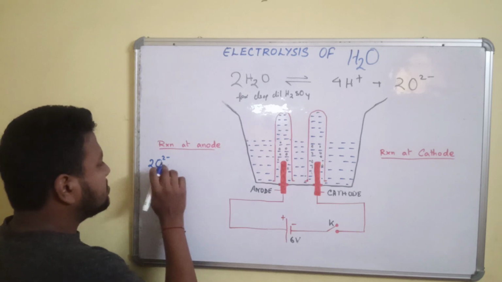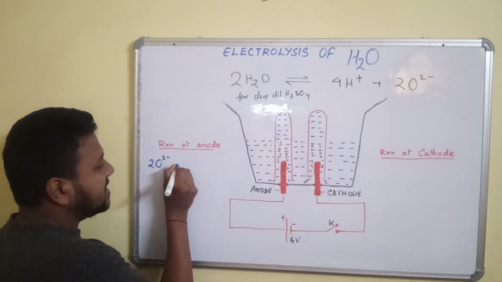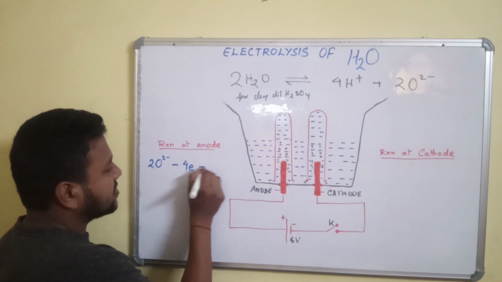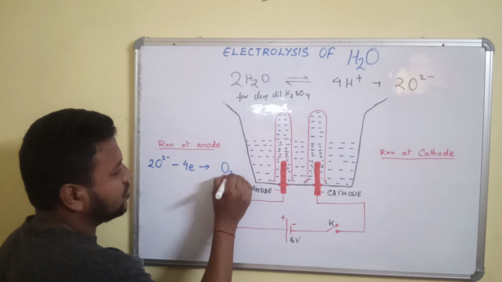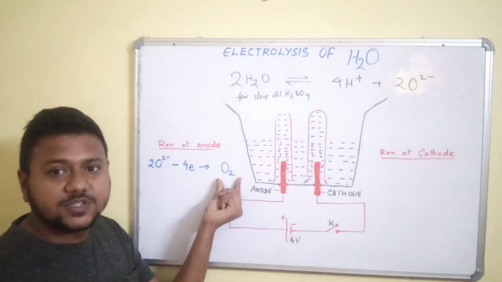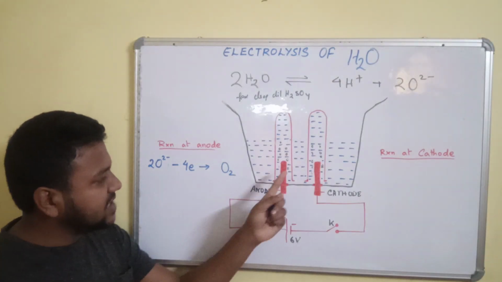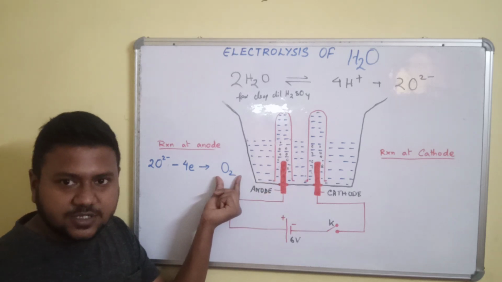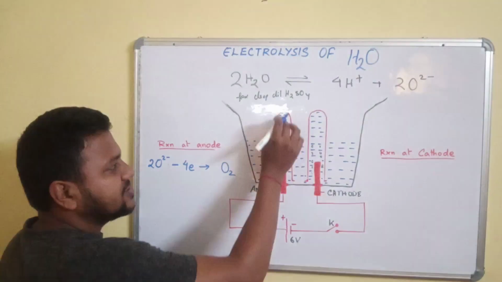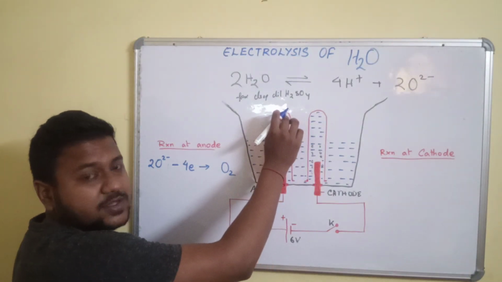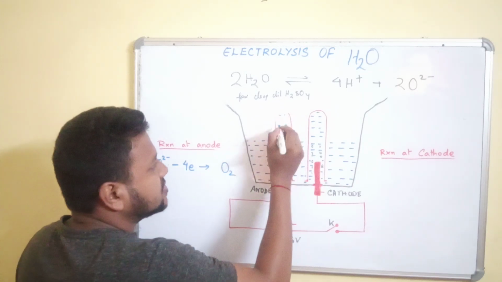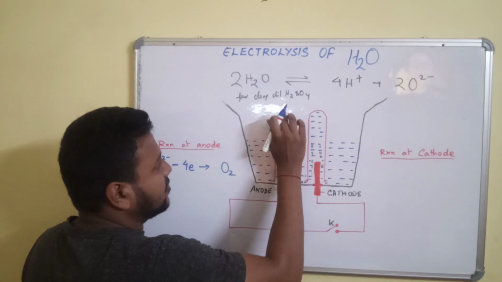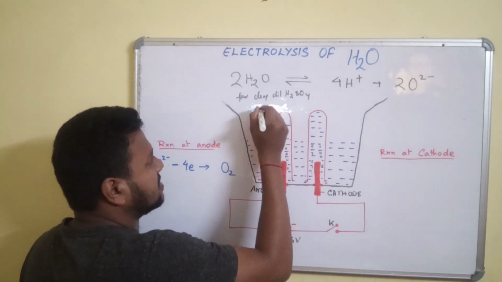Now these 2O2- ions release 4 electrons and hence become O2, the molecule of oxygen. It releases 4 electrons at the anode and turns into molecular oxygen, which gets stored in the vessel of water. So a gas is formed at the top of the anode, which is oxygen.